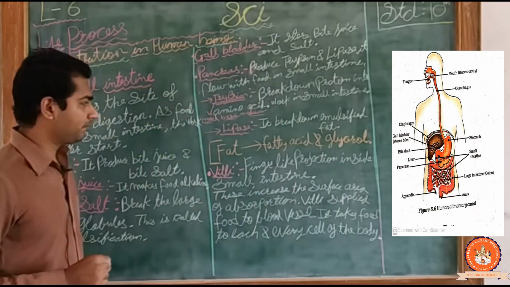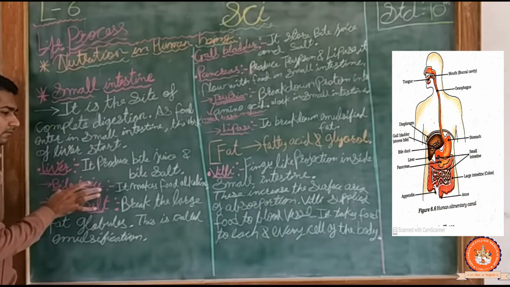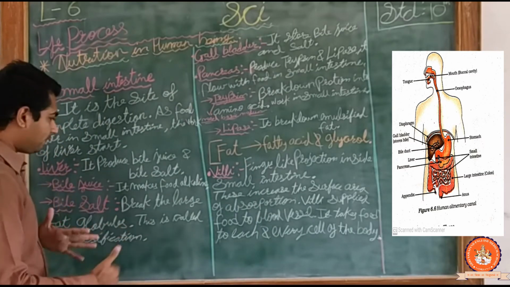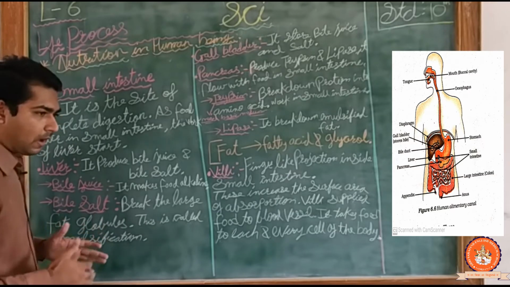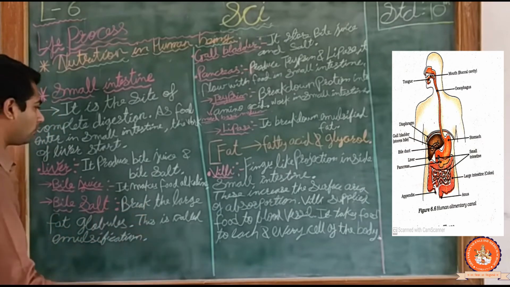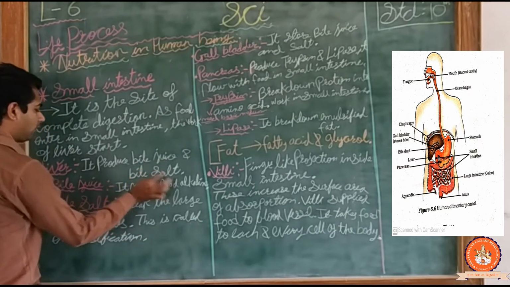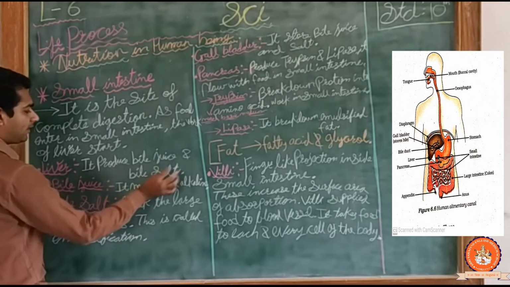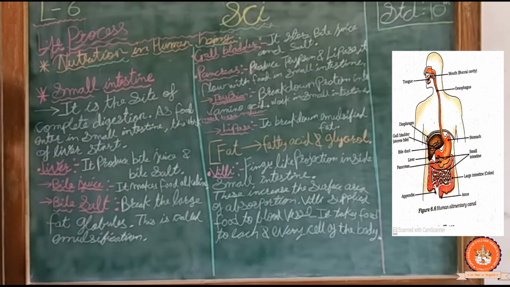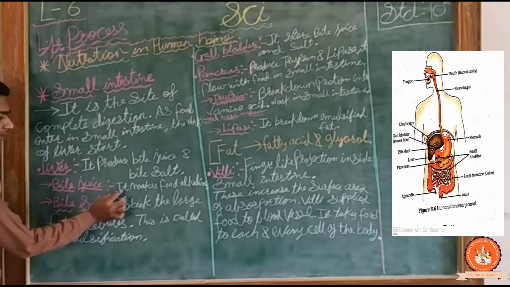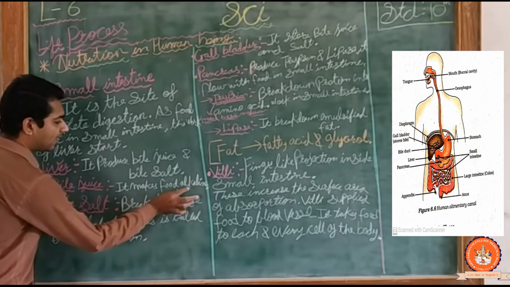Now what is the liver? The liver produces bile juice and bile salt. Now what is bile juice and what is bile salt? Bile juice makes the food alkaline.